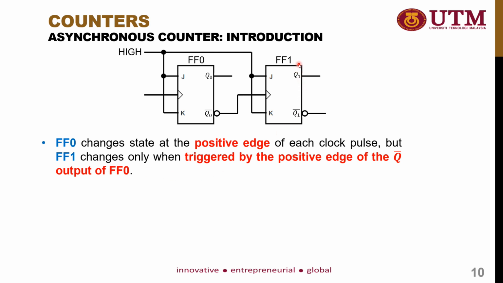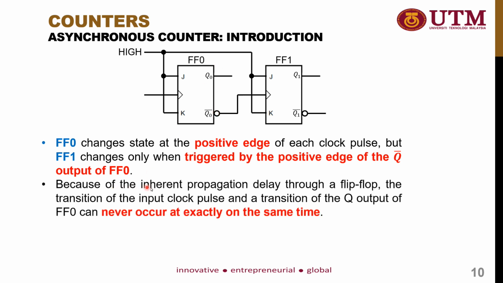As you see here, the input clock of flip-flop 1 is directly connected to the output Q0 bar from flip-flop 0. So flip-flop 1 will only change when it is triggered by the positive edge of Q0 bar of flip-flop 0.